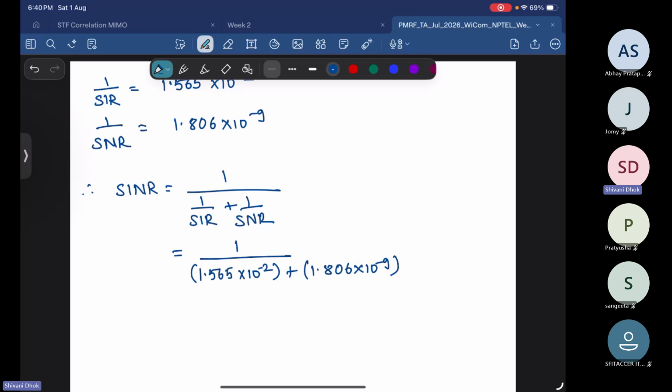So what do we get is, so we have 1.565 into 10 raised to minus 2 plus 2.1397 into 10 raised to minus 5.